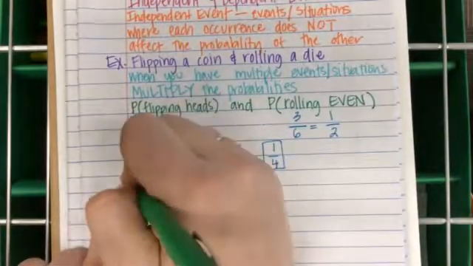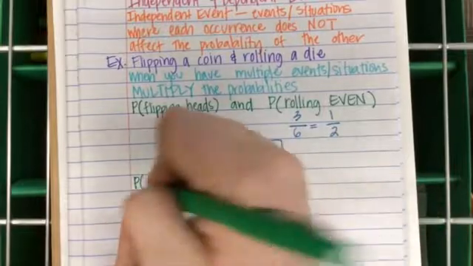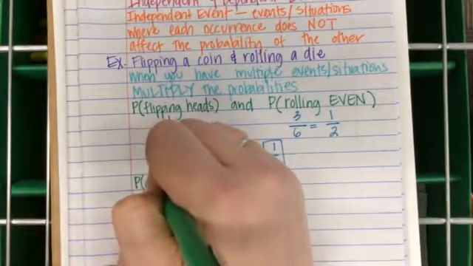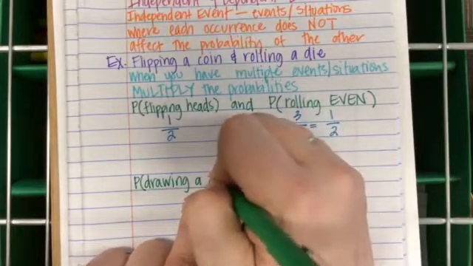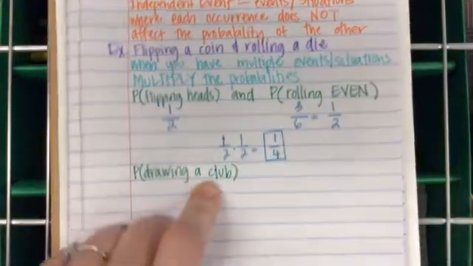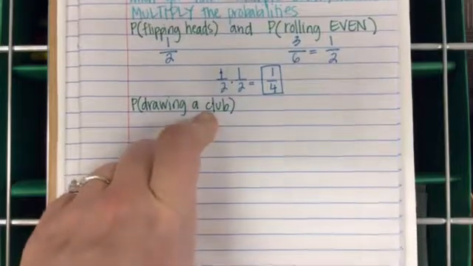Let's do another one just to practice. The probability of drawing a club. So that's decks of cards, right?